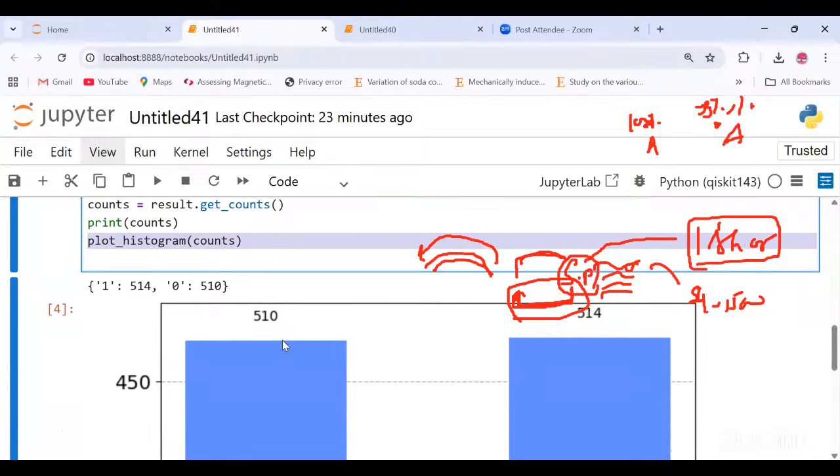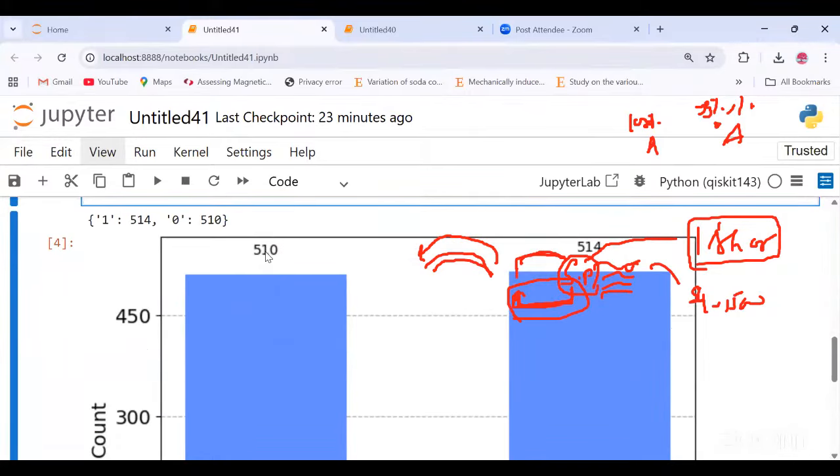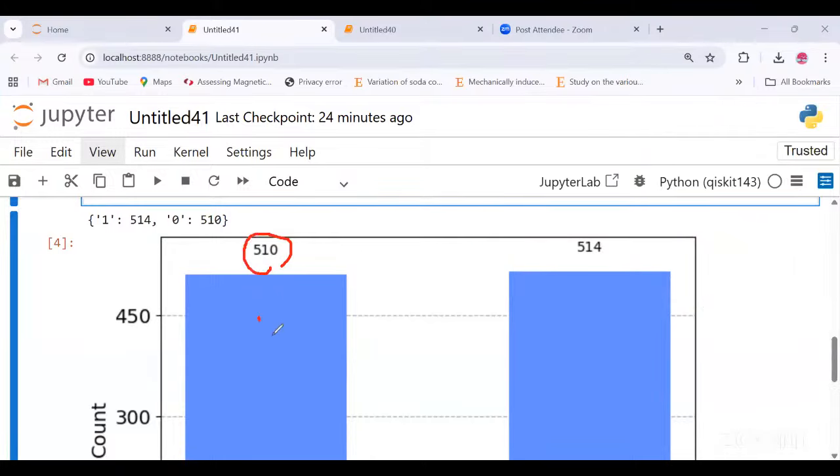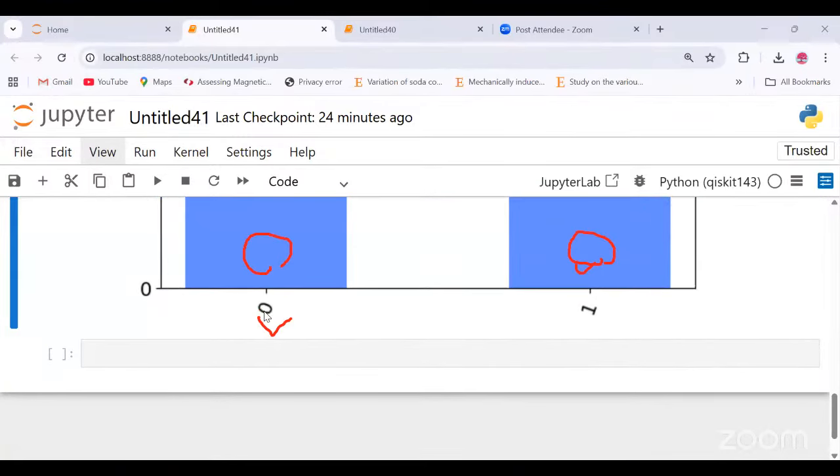See in the histogram, this output is coming 510 times, and this output is coming 514 times. So there is a possibility, and we have to check it.